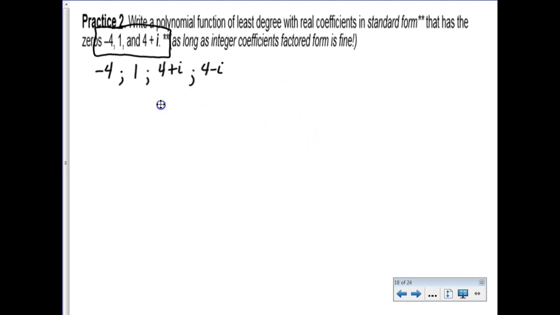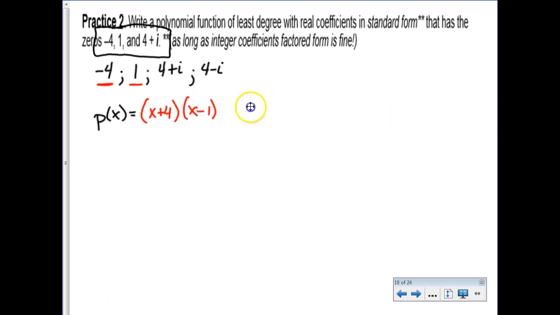Okay, here we go. Name your polynomial whatever you want. I'm going to go with p of x. What does the factor look like when the 0 is -4? The factor, go backwards, looks like x plus 4. And then the factor for the 0 of x equals 1 would be x minus 1.